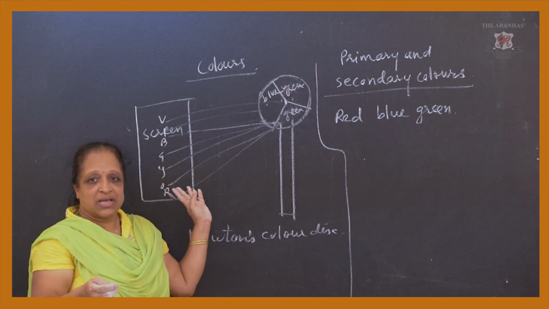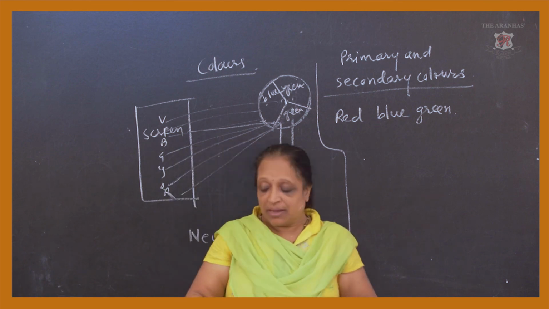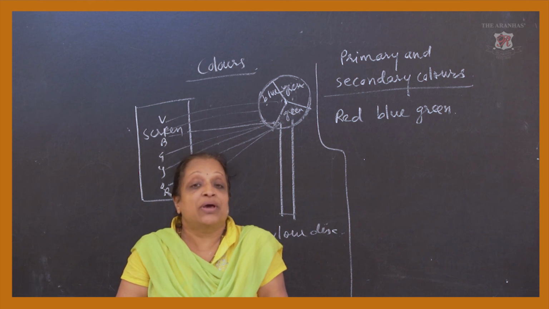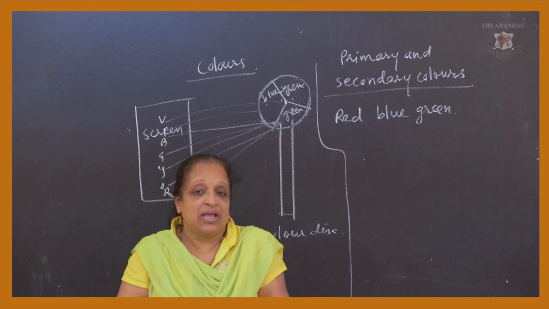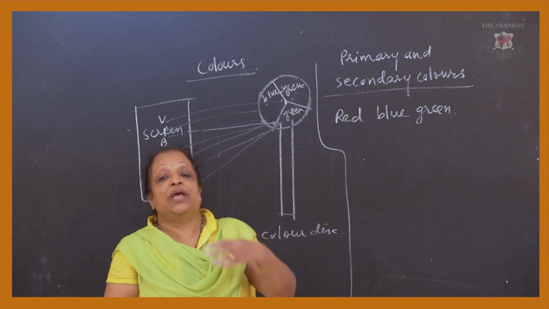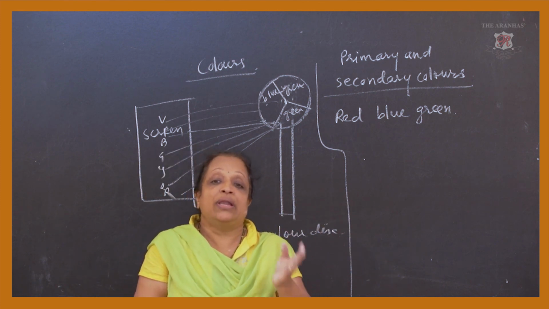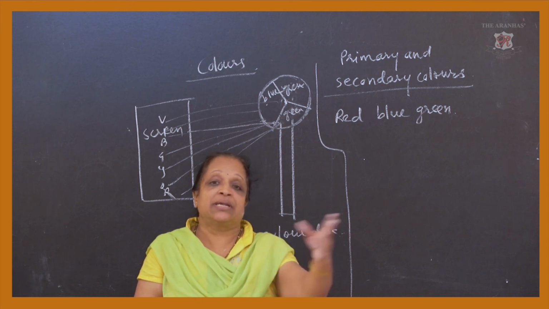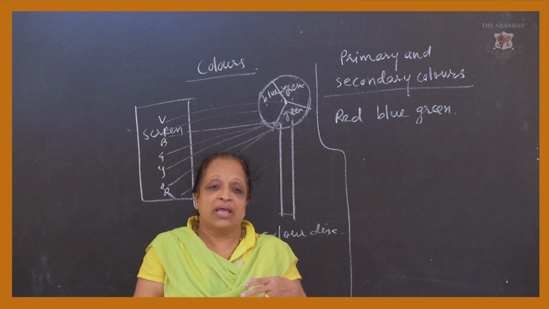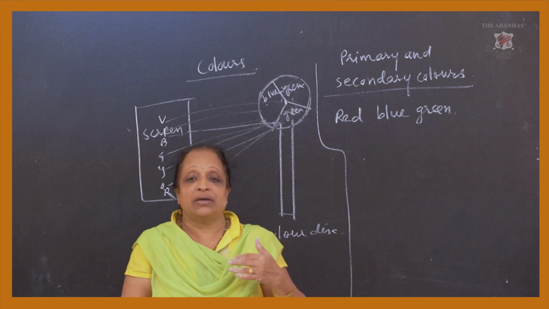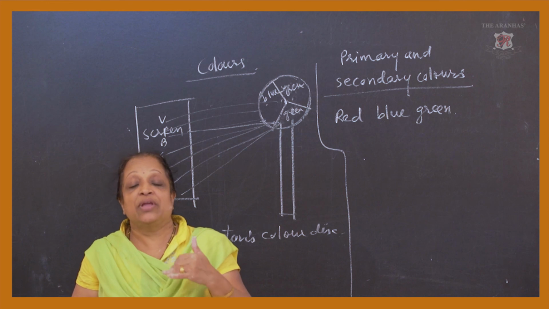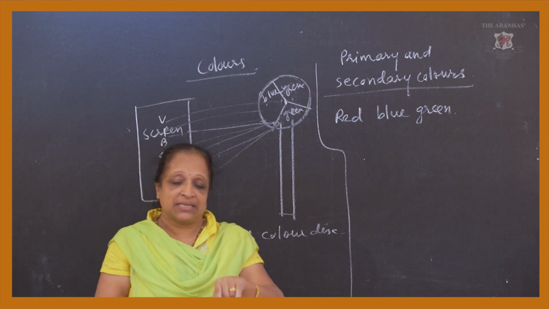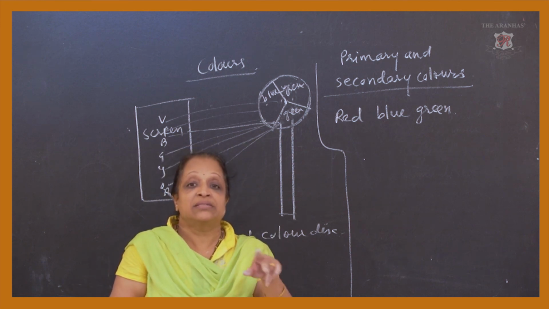As I told you, to get the Newton's color disc, these are the primary colors, because when you mix these basic colors in the white color, you get different shades of color, which is useful in various places to get a good light effect. Especially on the dancing floor, or when you are presenting some program and you want a very good background for it, we are always mixing the colors, and white is the main, basic color.